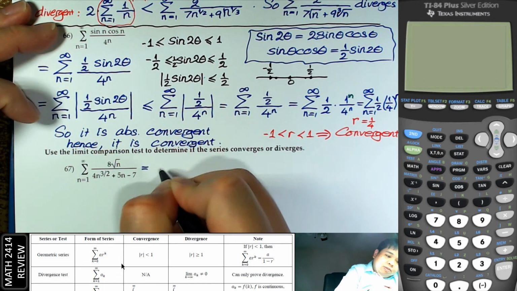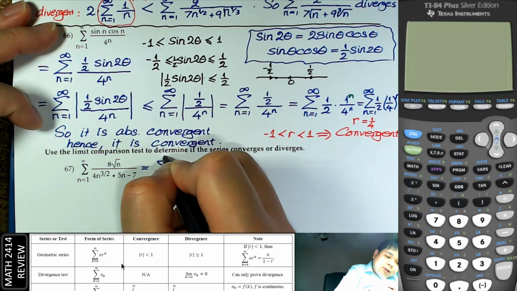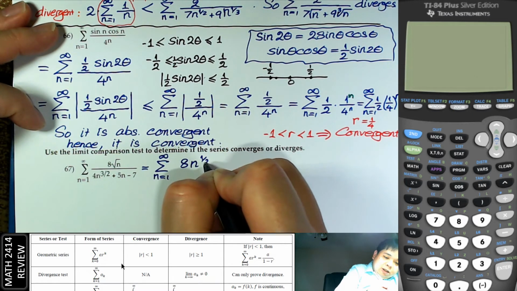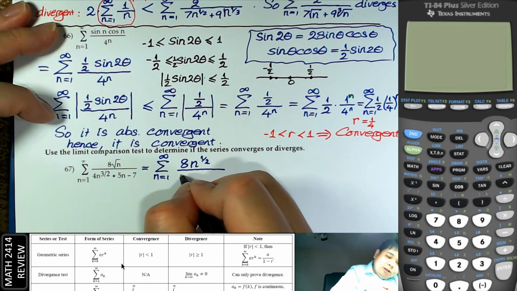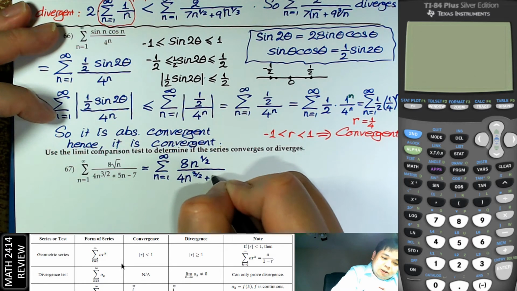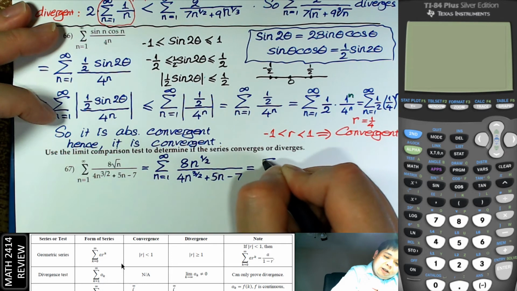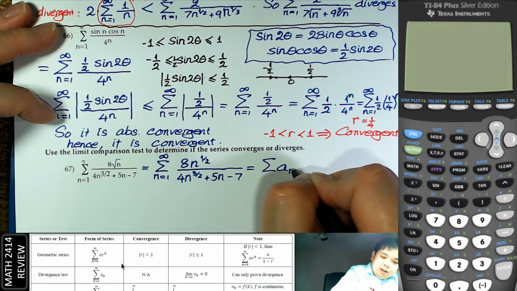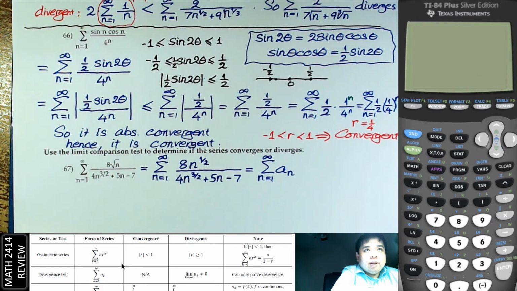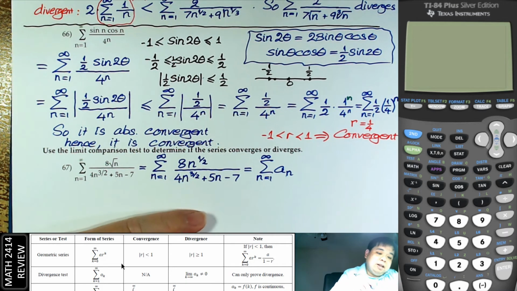Now if we write this, again I write everything as a power. And we let that be a sub n, the first series.